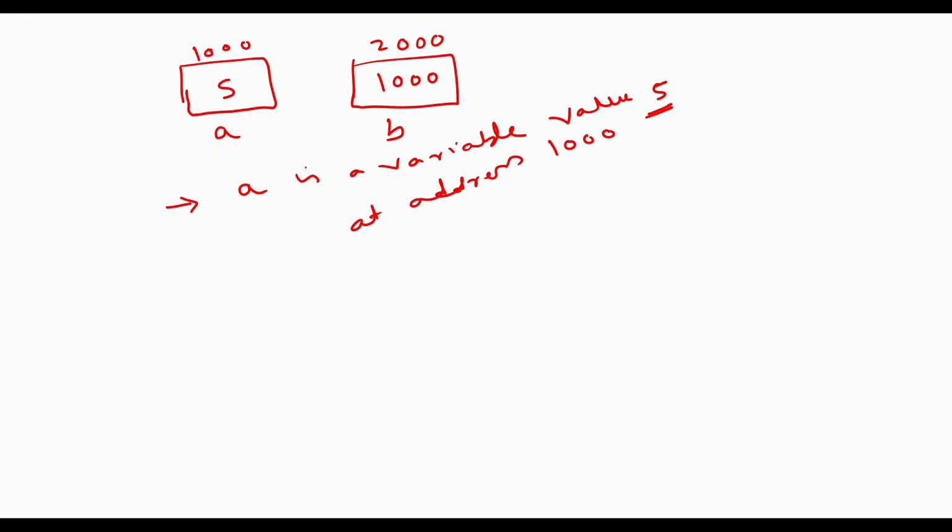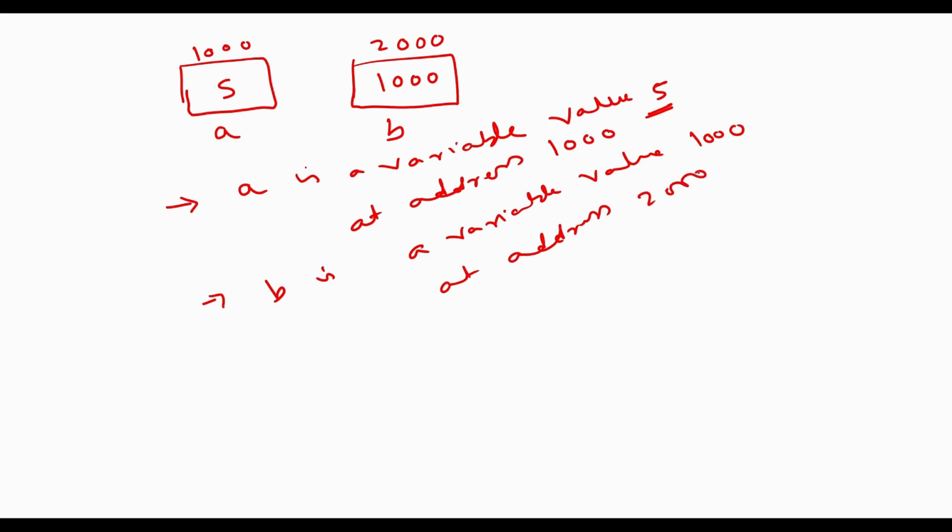So A is a variable, value is 5 at address 1000, and the next derivation we can form from the boxes is that B is a variable which has the value 1000 at address 2000. We are assuming this.